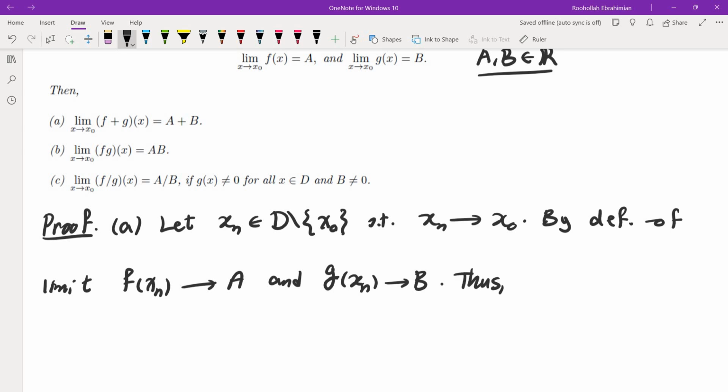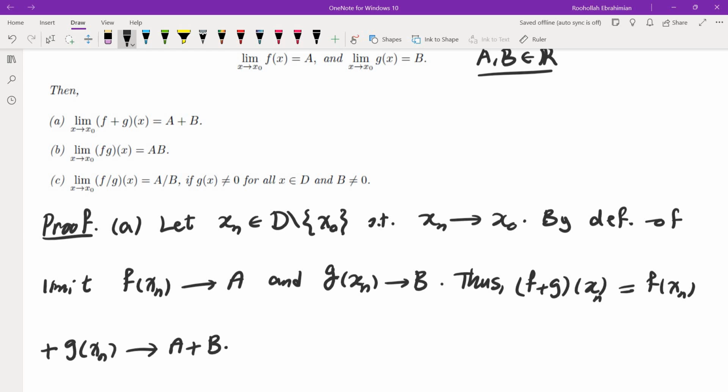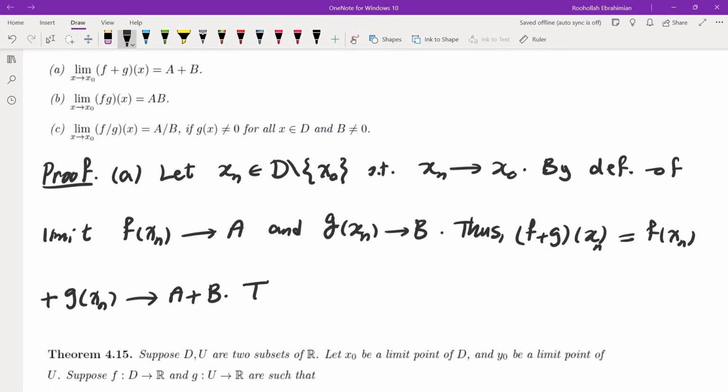Thus (f plus g) of xn, which is f of xn plus g of xn, approaches a plus b. And therefore, so I showed that (f plus g) of xn approaches a plus b.